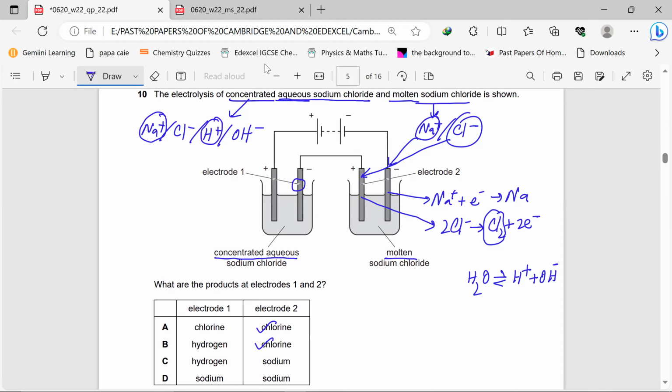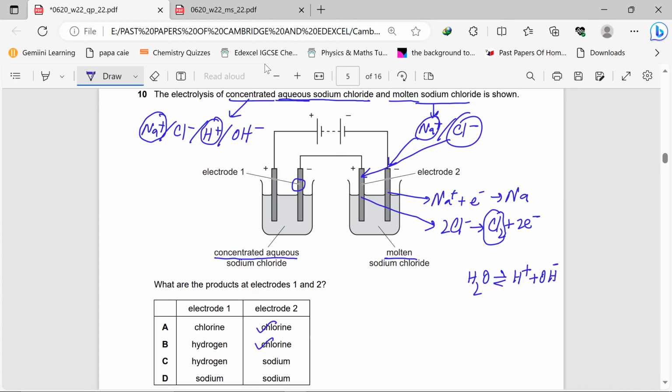We know metals which are above hydrogen in the reactivity series. In the reactivity series, we know potassium, sodium, lithium, meaning all group 1 and group 2 metals, including most of the transition metals except for copper, silver, and gold, are above hydrogen in the reactivity series.